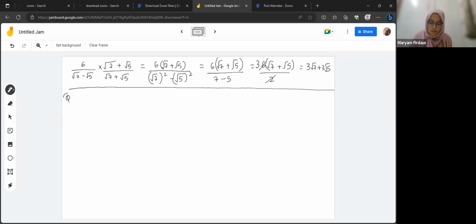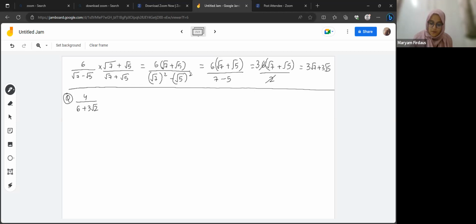Done. Shall we move on to the next question? Yes, ma'am. Let's do, let's say, 4 by 6 plus 3 root 2. Now, what should we multiply it with? The same thing which is in the denominator but minus.